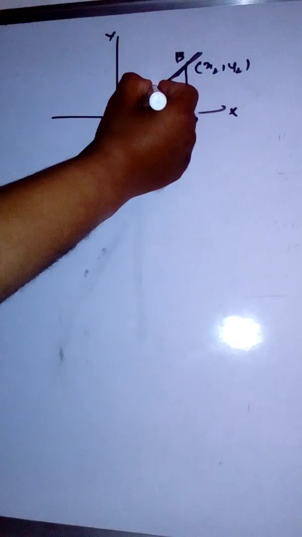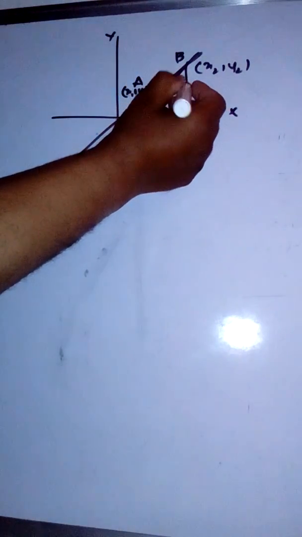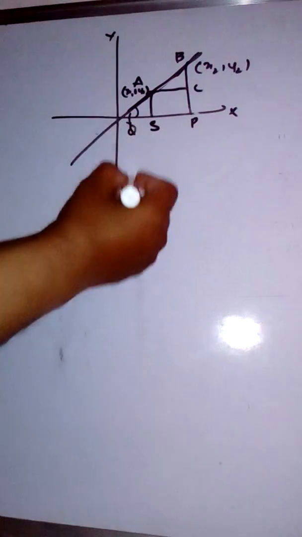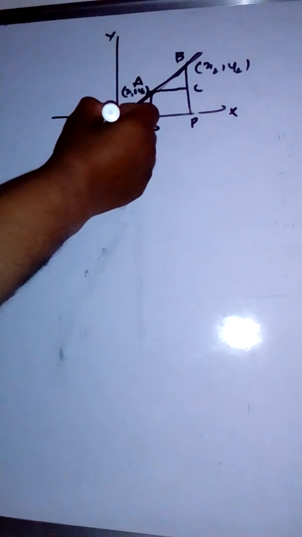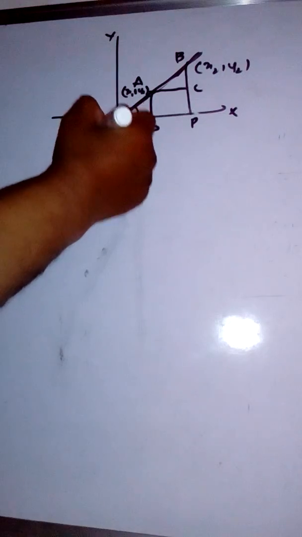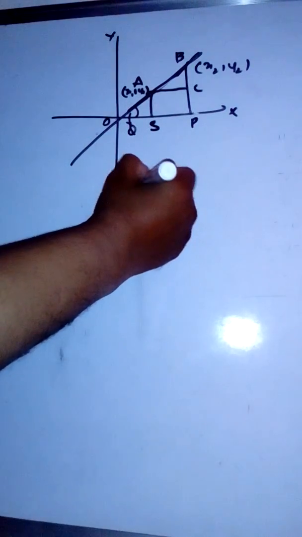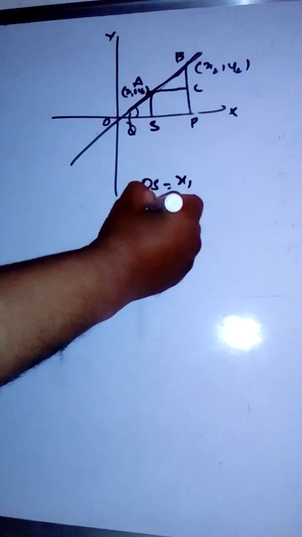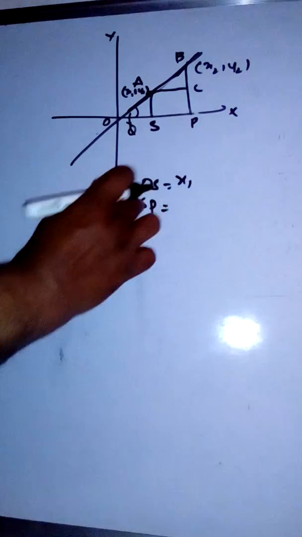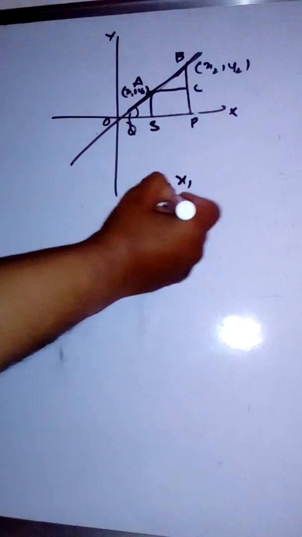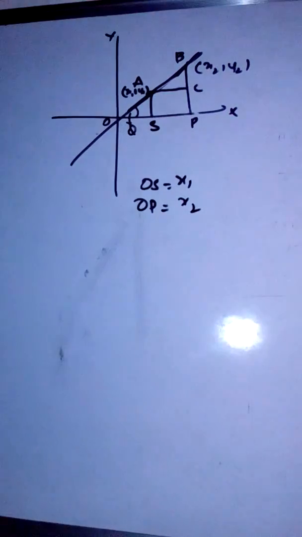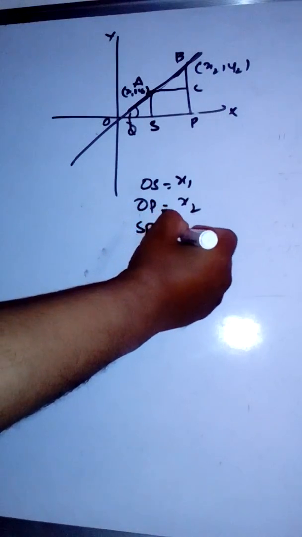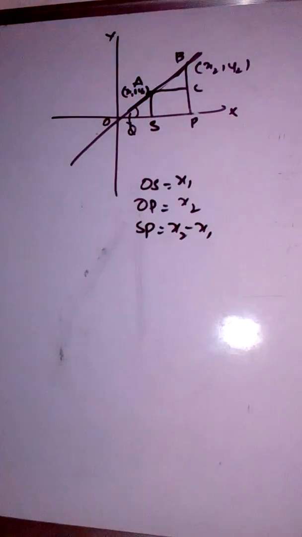Now I'm dropping one more perpendicular from A on BP as C. So you can imagine that this is our O. So OS can be given as the distance x1 and OP is x2. Now if I want to find out SP, it will be x2 minus x1.